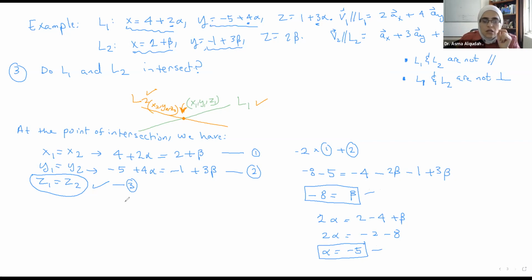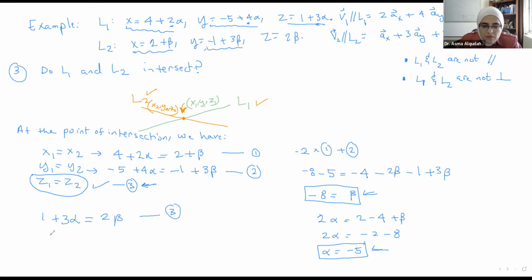There is a point of intersection between line L1 and L2. But if these values of beta and alpha do not satisfy equation number 3, then the two lines do not intersect. There is no point of intersection between the two lines. So the equations for z1 and z2: z1 is equal to 1 plus 3 alpha, and z2 is equal to 2 beta. So this is equation number 3.